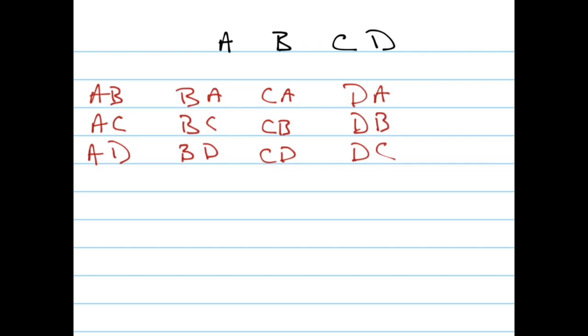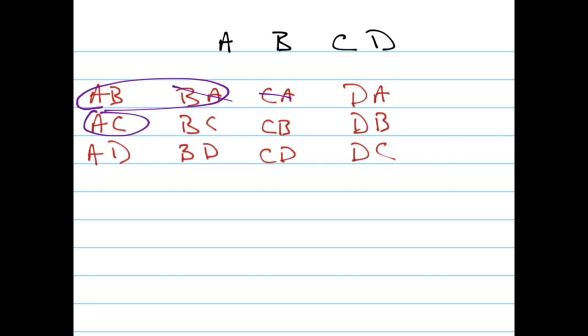But suppose these are prizes that are identical, right? Or these are people that you're grabbing for 2-person teams. Does it matter who's left and who's right, or which side of the coin? It doesn't. AB and BA are identical, okay? We only need one of them. AC and CA are identical.